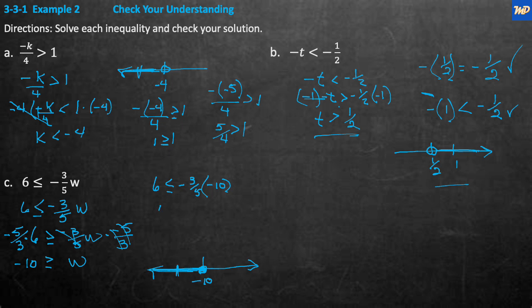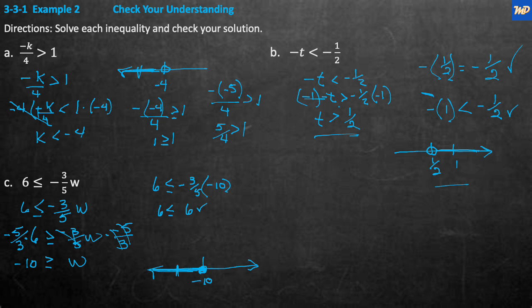So we have 6 is less than or equal to, we can count this now like the equation part. We're solving the equal part now. Negative times negative is positive 30 divided by 5, which is 6. So yes, the equal part is true.